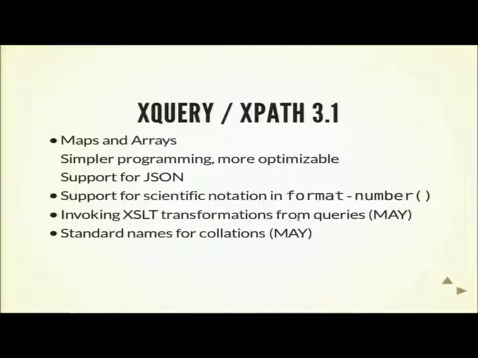On to 3.1, which is, again, the next generation of our specifications. The main things that we're adding here are maps and arrays. If you know another programming language, you may know maps as dictionaries or hash tables or as associative arrays. Arrays you probably know under that name.